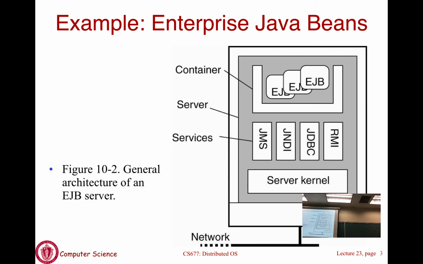This is the standard way you can take Java code and talk to various databases in a platform independent fashion. And then you of course have the standard RMI interfaces and so forth, and there are objects that are instantiated as EJBs, or enterprise Java beans.